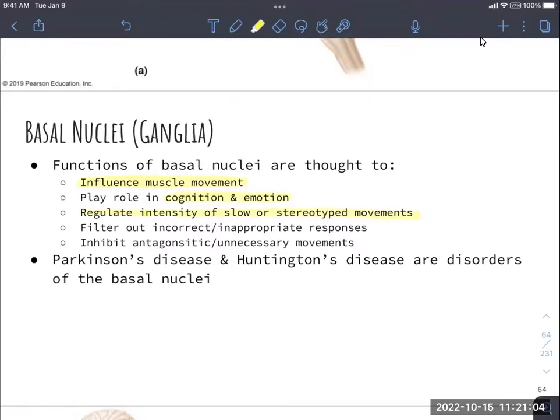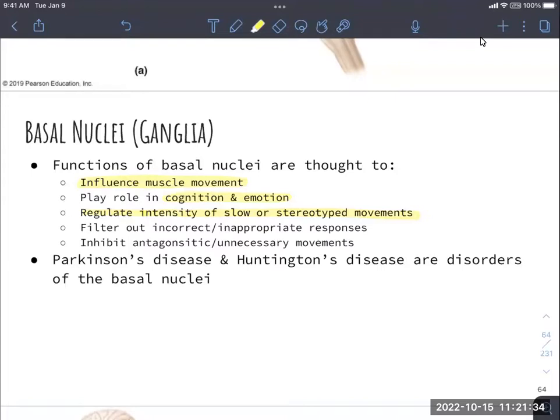We have parts of our brain, because a lot of our brain up in that cerebral cortex sends out general information of this is what you should be doing. But then there are other parts of the brain that fine tune it, making sure that the movements being sent out are correct.